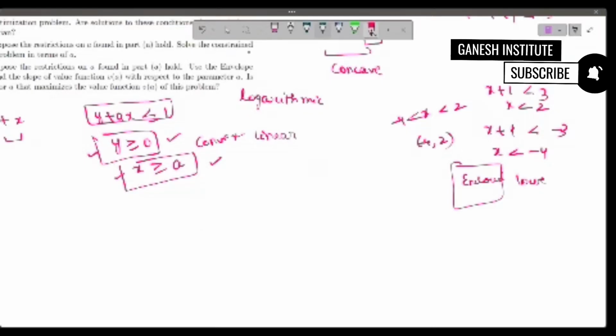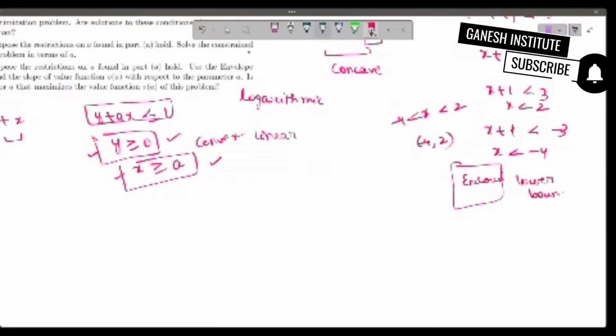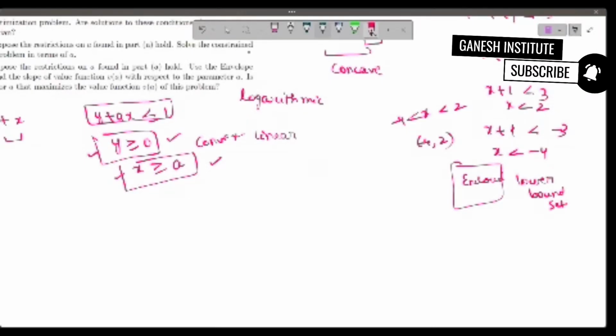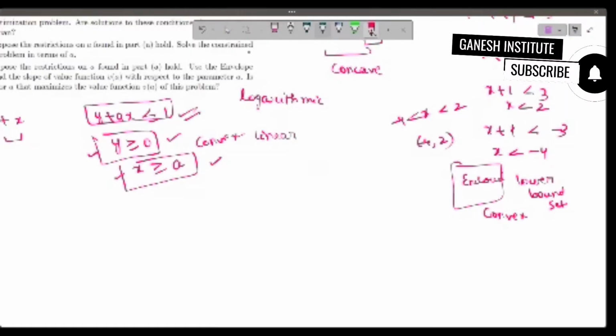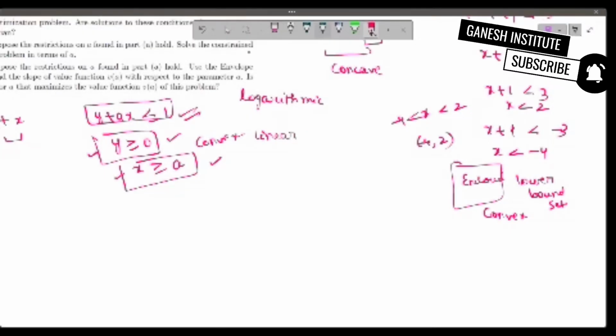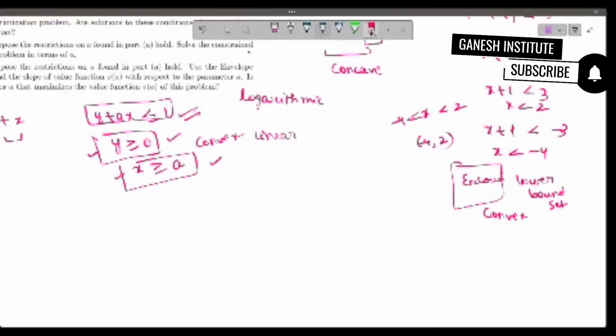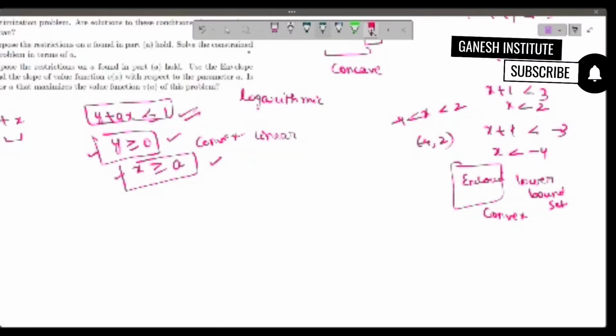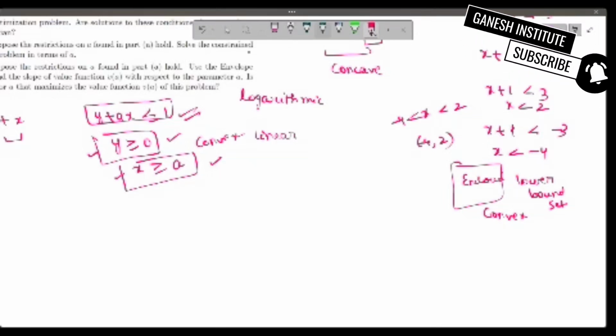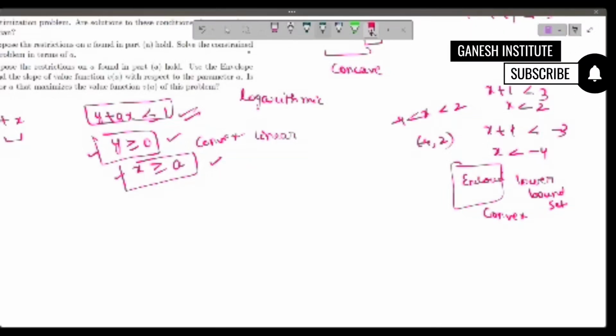So it will form a lower bound set. So convex, this is the reasoning which you can give when it is a linear inequality. Do you want me to tell you again?